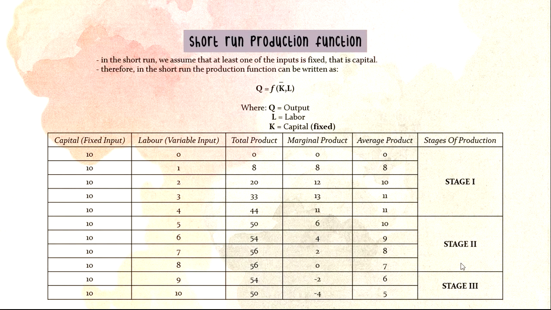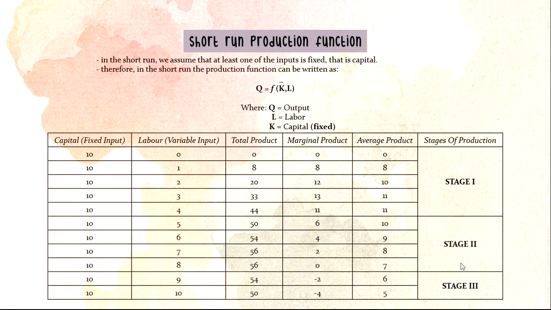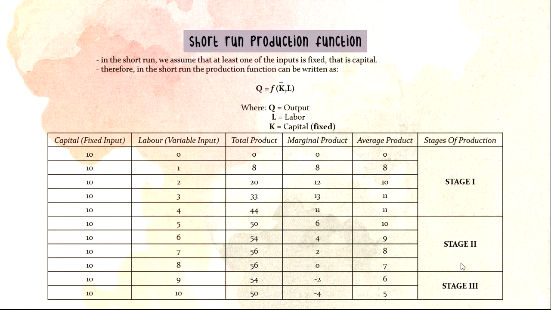Okay, so let's move to the marginal product. How do we get marginal product? In the formula, marginal product is changes in total product divided by changes in quantity of variable factor or input. Let's say the total product at 20 and 8.